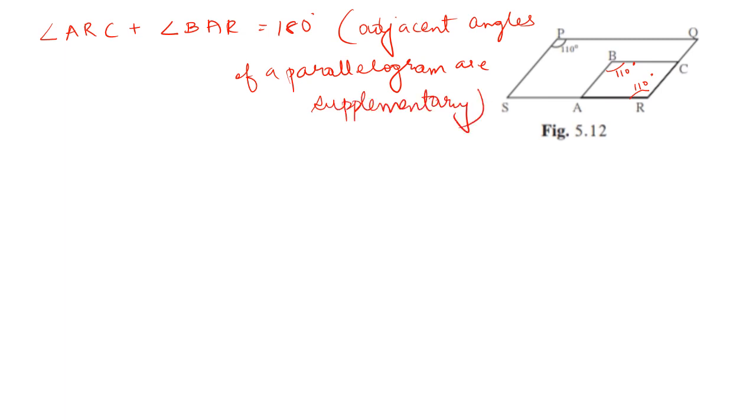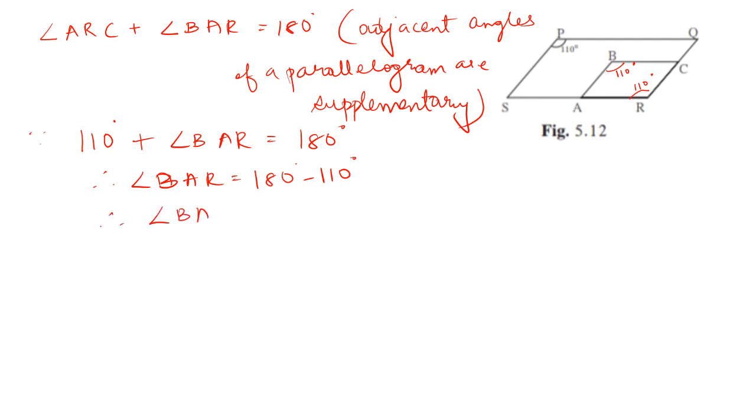Okay, so since ARC is 110 degree, BAR we need to find out is equal to 180. Therefore angle BAR is equal to 180 minus 110 degree. Therefore angle BAR is equal to 70 degree. So again, since BAR is 70, BCR also would be 70 degree.